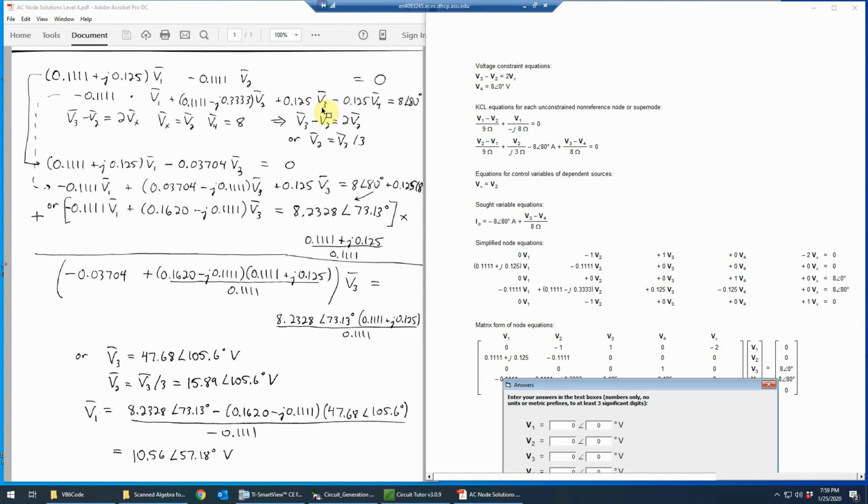And then we still have this v3 term, and then the v4 term, we're going to add that since v4 has a fixed value of 8, and obviously 1/8 times 8 is just 1, so we'll add that onto the right-hand side.